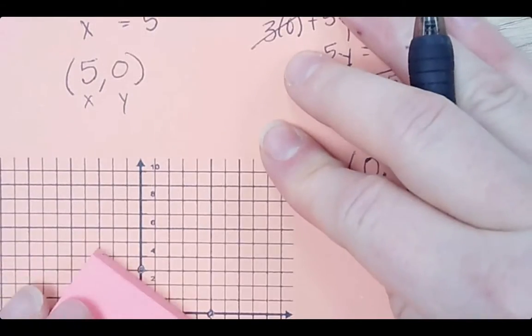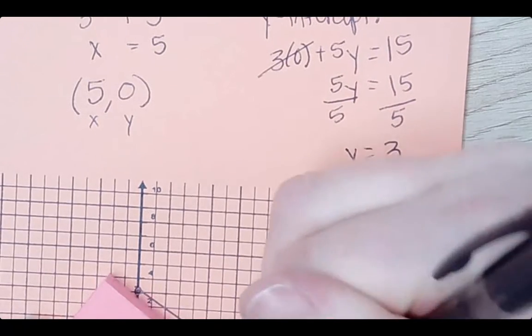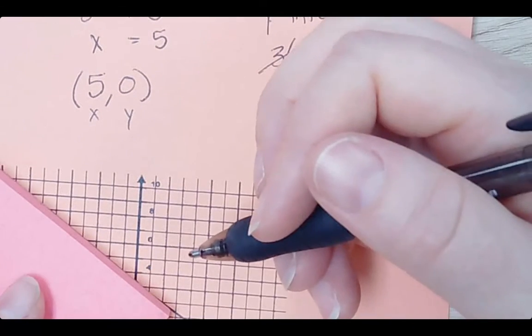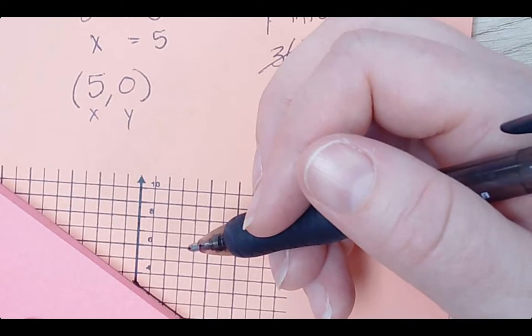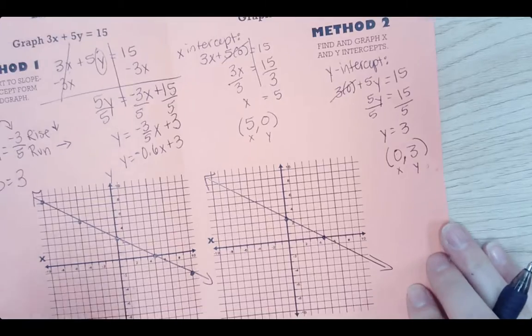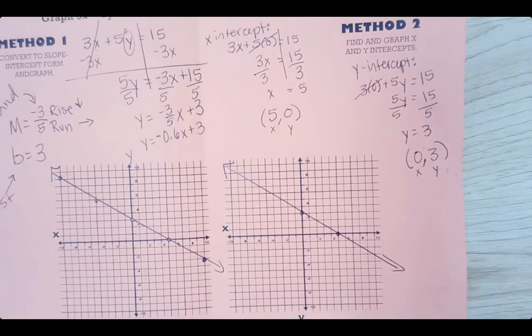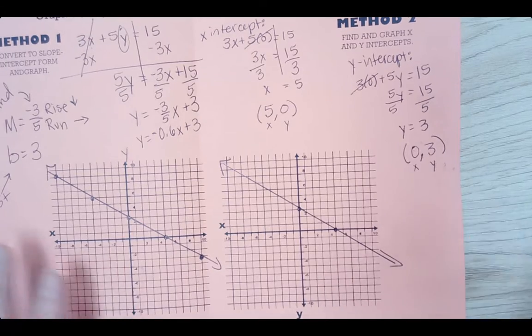If we connect those and extend the line, it looks like that. And aren't they the same line? They sure are. So this was the same line, just two different ways.